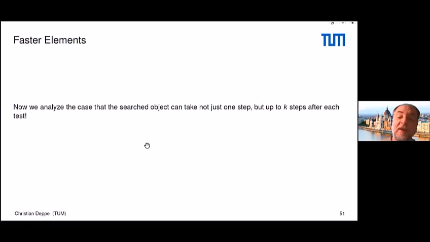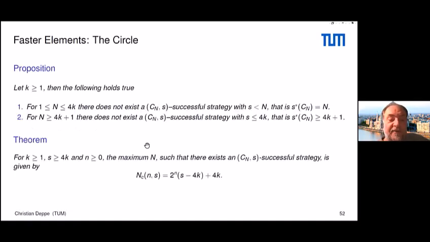And can we generalize these ideas we had for the simple objects here? And how does the situation change? What are the results? And the nice thing is it can be really generalized.